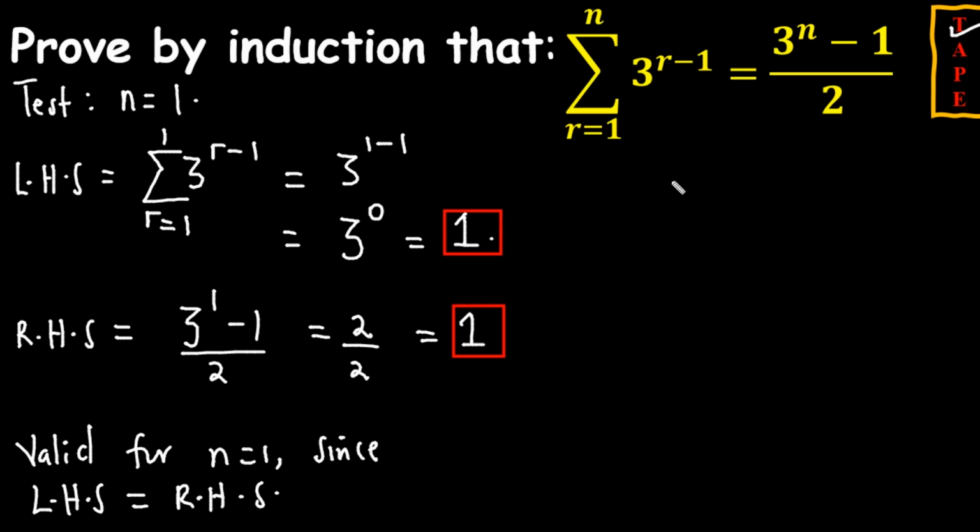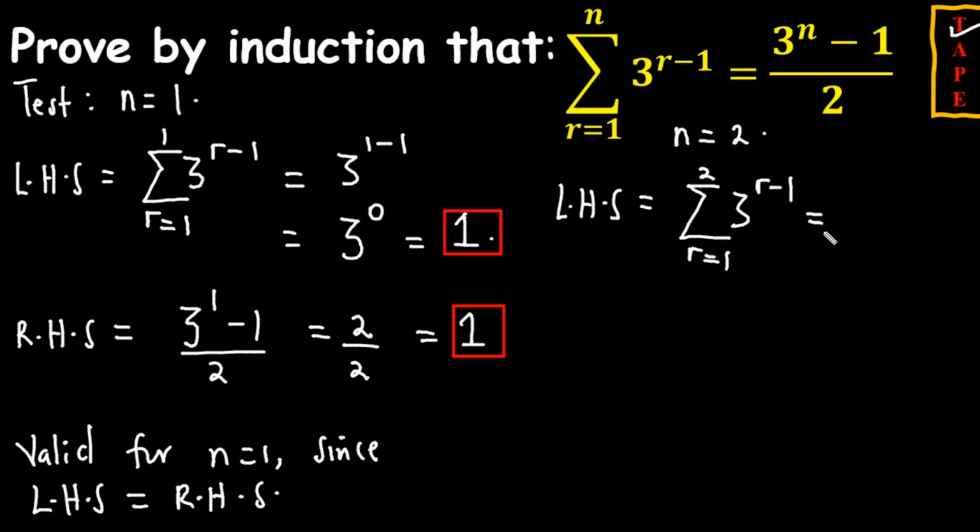Now we are going to do the same for n equals 2. For n equals 2, the left hand side is equal to the summation from r equals 1 up to 2 of 3 to the power r minus 1. For r equals 1, we substitute, and we obtain the result 1.